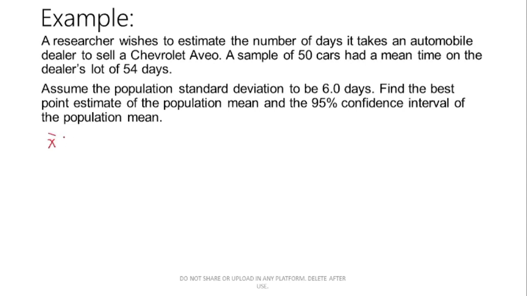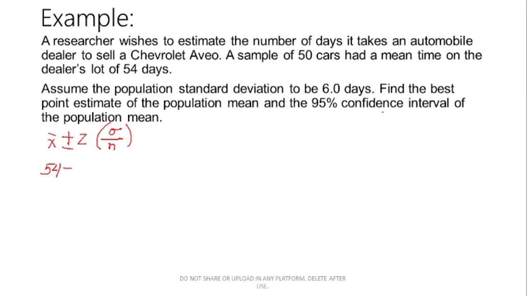So for our first value, our mean is 54, had a mean time of 54 days, minus our z.